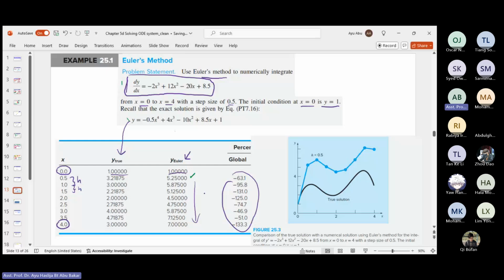It is convergent and divergent. Then it is represented to you in a graph. This is the true solution, and this is the y Euler, the Euler's method. This is the error.